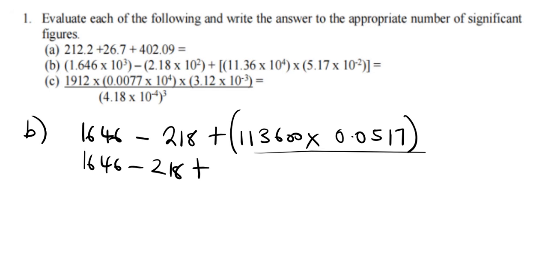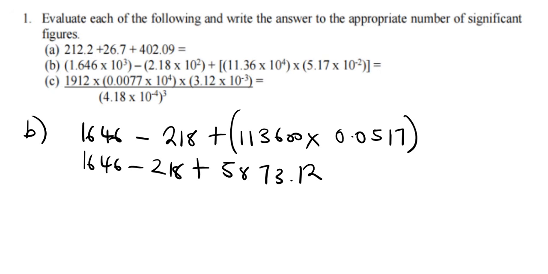Now I'm going to have 1646 minus 218 plus, now when I multiply in the brackets, I already have my 0.0517. I'm just multiplying it by 113600. So I'm getting 5873.12.